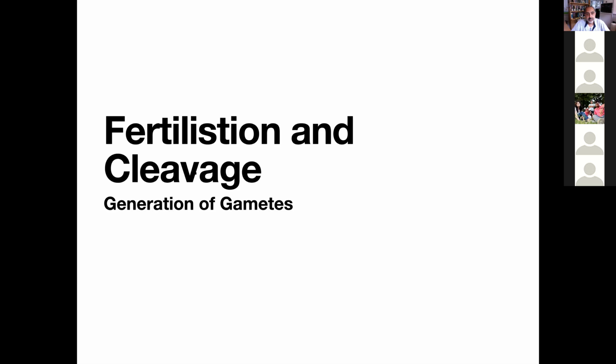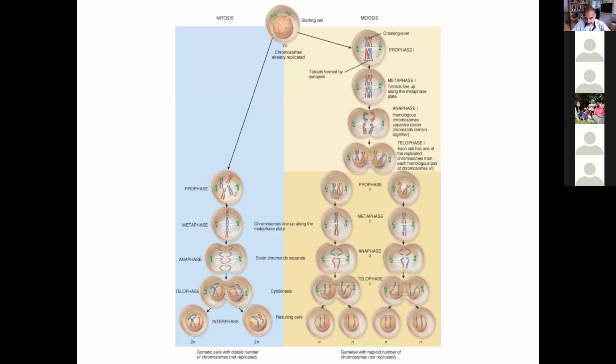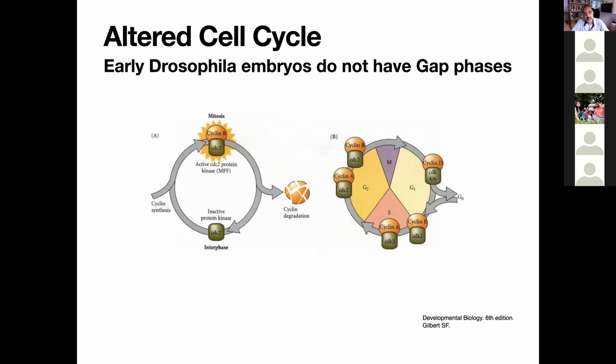I realized I forgot to introduce one important point of mitosis and the cell cycle. Some embryos have an altered cell cycle. The early Drosophila embryo, and Tina will probably go into this in much more detail, doesn't have these G1 and G2 phases, okay? It goes directly from M phase to S phase. It does this to generate many, many nuclei.